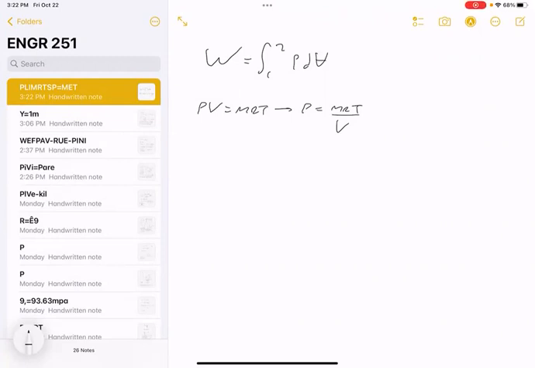But anyways, if we plug this in here, let's see if that can help us. Surprise, it can. Spoiler alert. mRT dV over V.